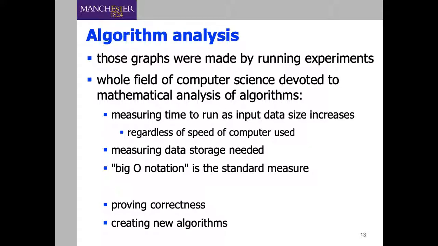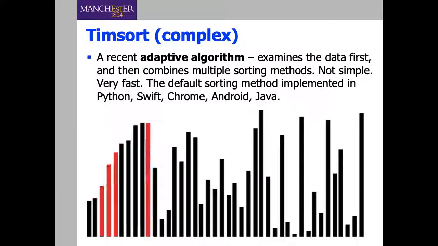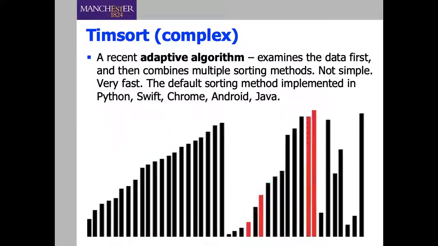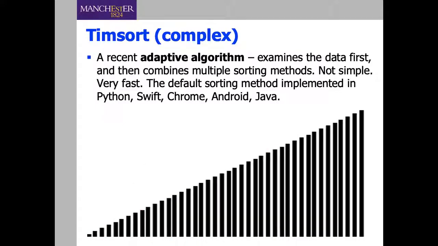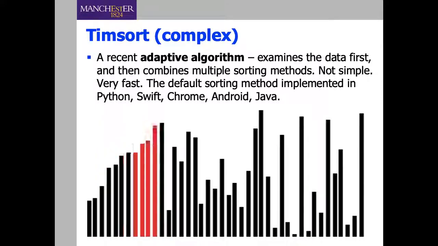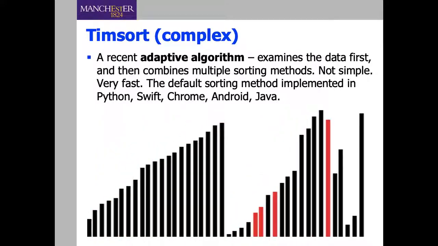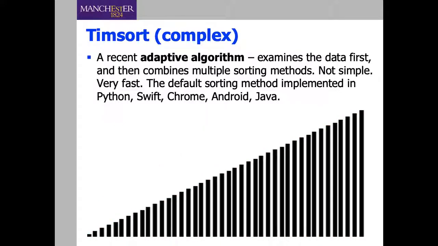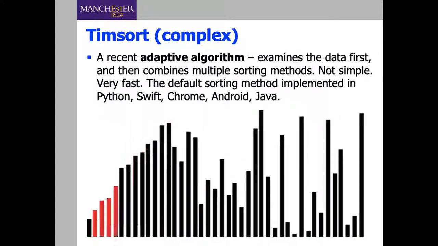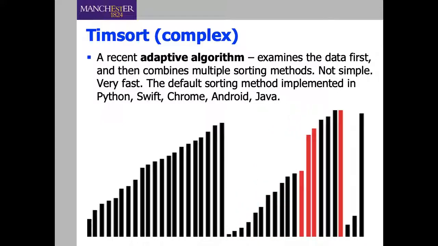And perhaps the final thing to mention here is that analyzing and thinking about algorithms helps you to create new algorithms. This is TimSort, which is the standard built-in sorting method in modern releases of Python, also in Apple's language Swift, in Google Chrome, the Android platform, and Java.